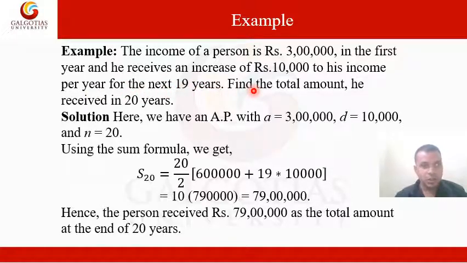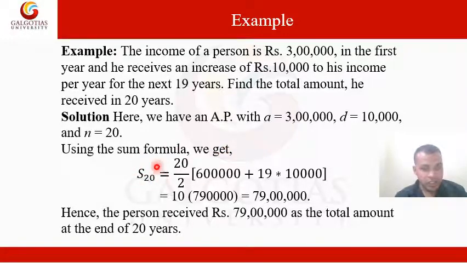So what will be the total amount of money he received in 20 years? So that means your n is going to be 20, his first year salary is 3 lakh rupees, and he has an increment of 10,000 rupees every year. So after 20 years, how much money does he get in all?